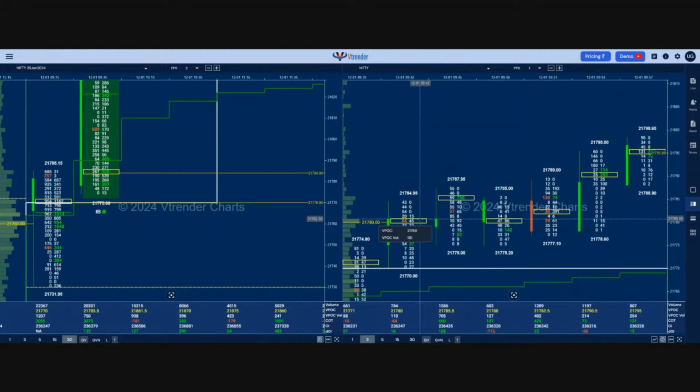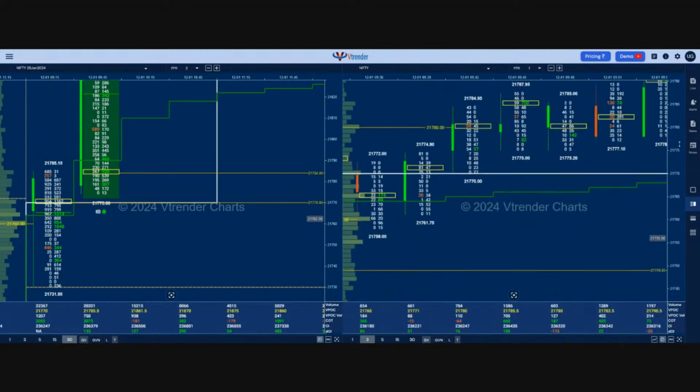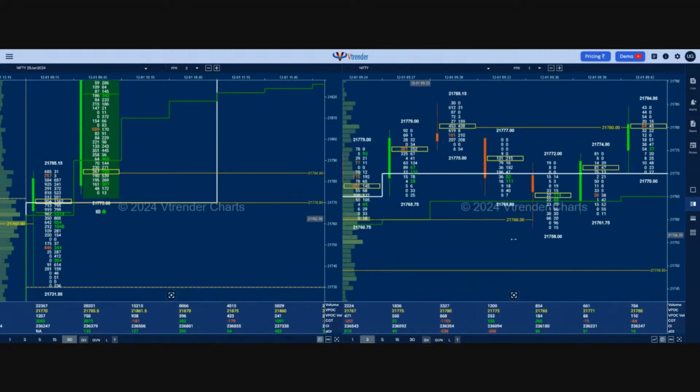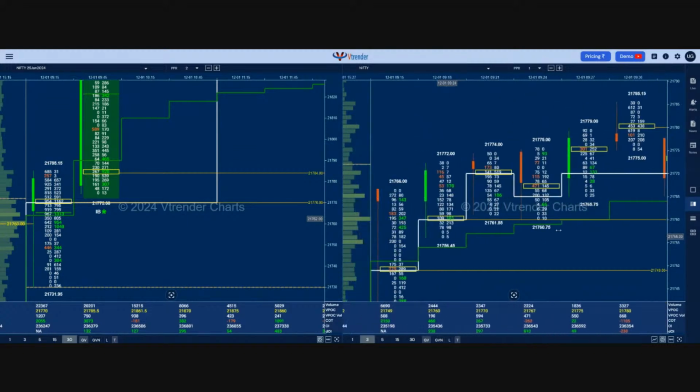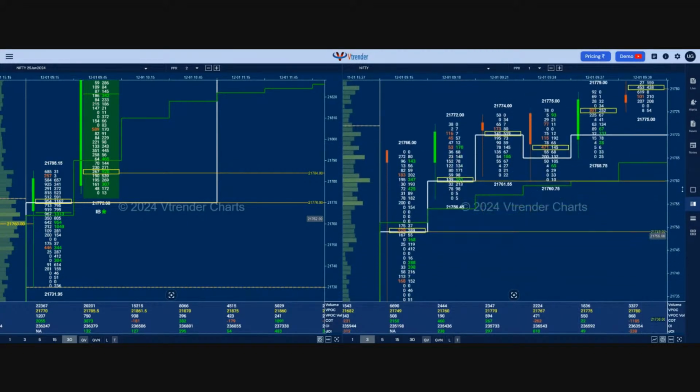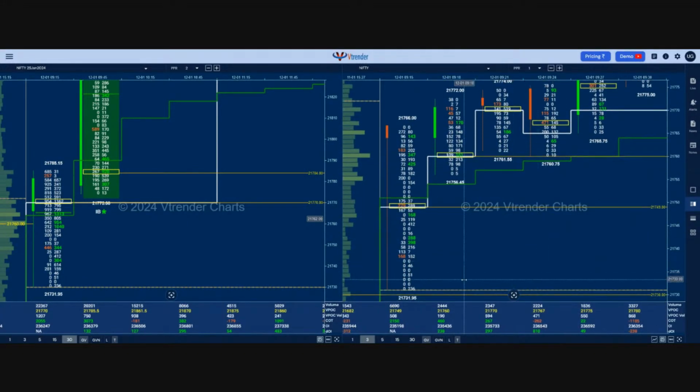So here we are. This is the 12th January's 3-minute order flow chart on your right side now. I'll just go to the opening bar. So here you can see this is the opening 9:15 bar, and you can see we have got good greens in this bar.